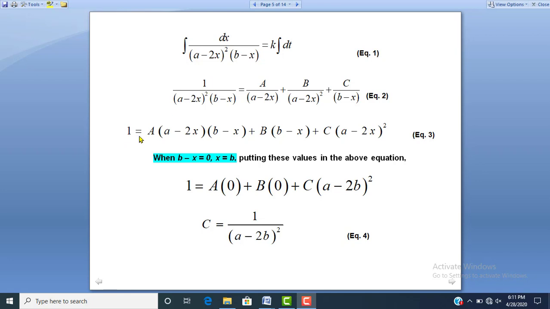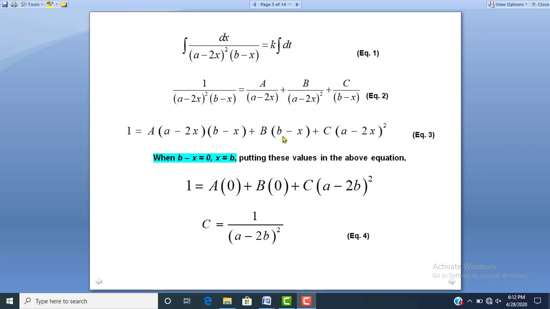So 1 is equal to A into (a minus 2x) into (b minus x), because this (a minus 2x) has been cancelled with the square of this (a minus 2x), plus B into (b minus x), because this (a minus 2x) square has been cancelled with the multiplied term (a minus 2x) square.